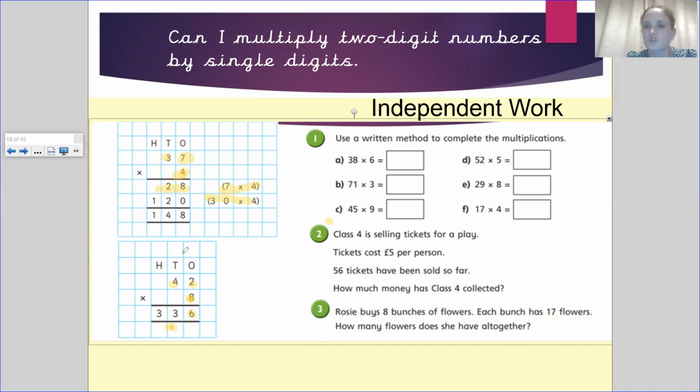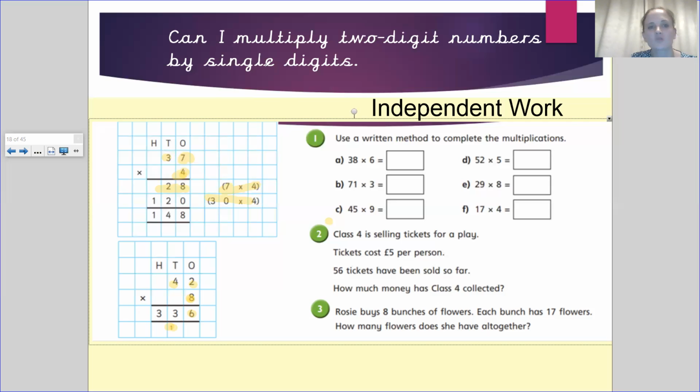Please make sure you are showing your steps, whichever method you are using, so I can see your working out for A to F. Then question 2 says class 4 is selling tickets for a play. Tickets cost £5 per person. 56 tickets have been sold. How much money has class 4 collected?